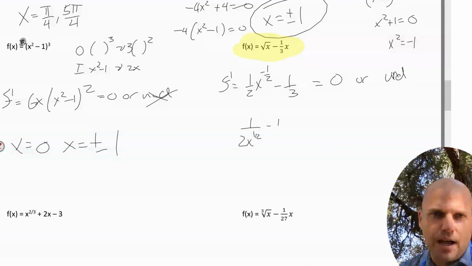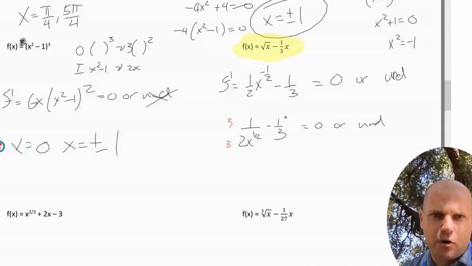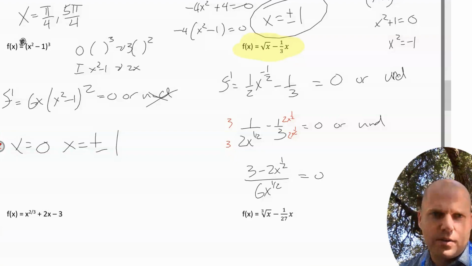We want to use a common denominator whenever we have fractions. I'm going to multiply this by 3 over 3. I'm going to multiply this by 2x to the 1/2 over 2x to the 1/2. That way I'll get a common denominator of 6x to the 1/2. And in the top, I'll have 3 minus 2x to the 1/2. Why do I do this?